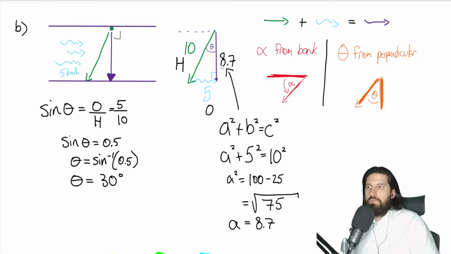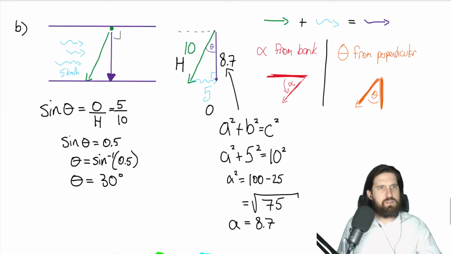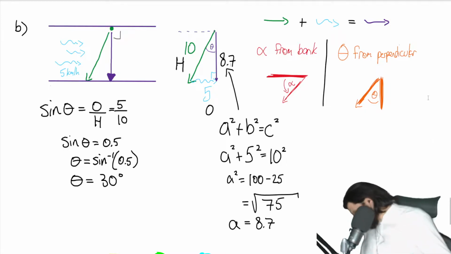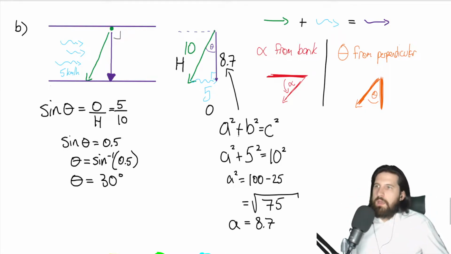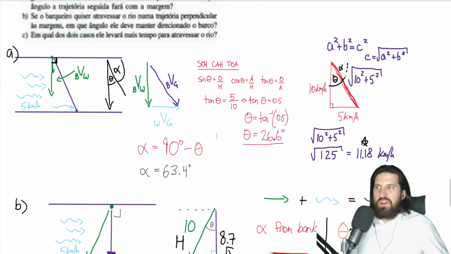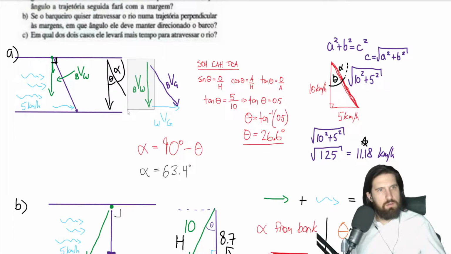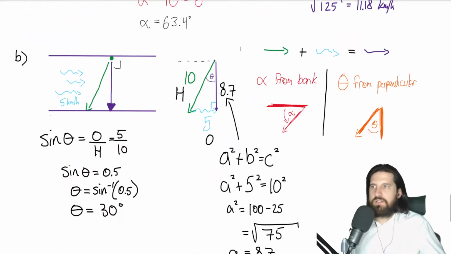Now, the reason I wanted to get to that point is because the question asks who crosses the river faster. What matters is the velocity that you're crossing the river with. For us, the one that's going perfectly across in this scenario is our 10, right? And what's the velocity that's going perfectly across? The 10?